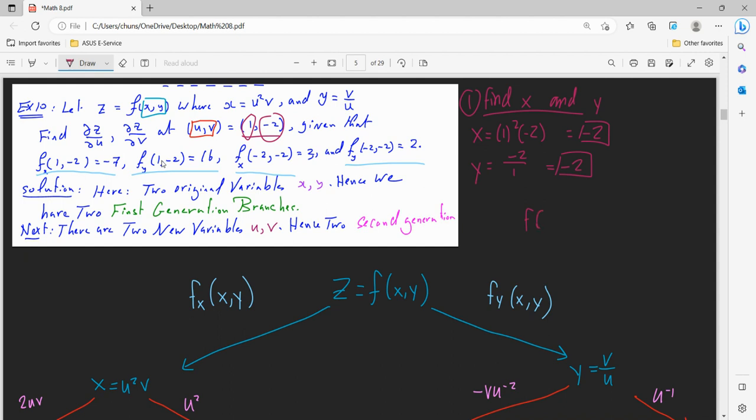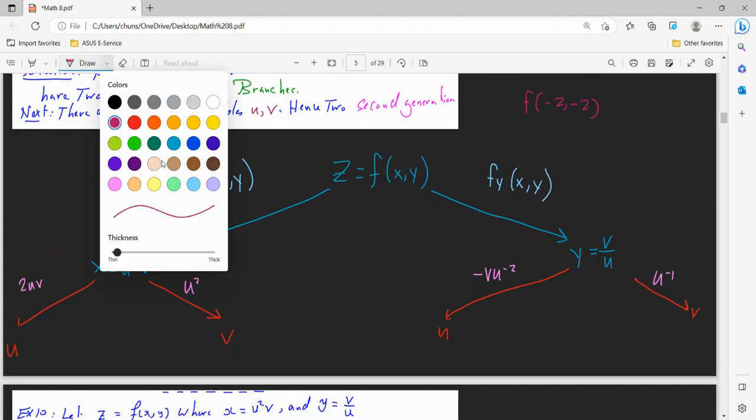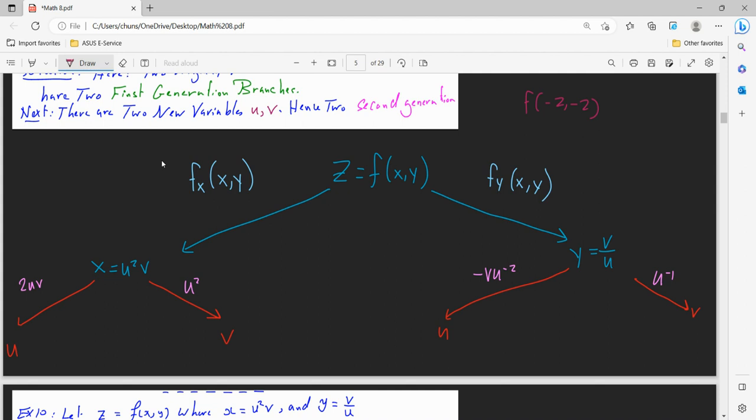So we want our functions to be for x negative 2 and y negative 2. So that means we can reject these terms right here and instead focus on using these ones in our equations. So if I were to write that out, sorry, let me just get rid of these so I have some room.